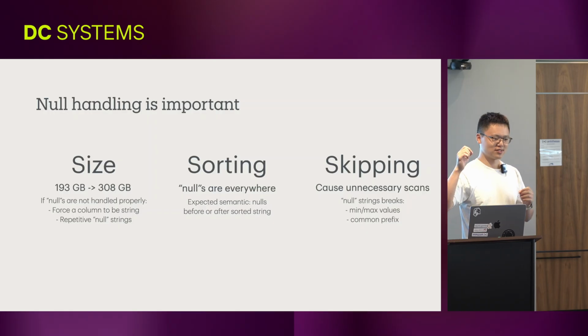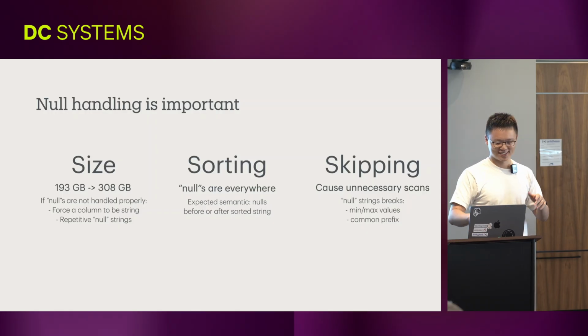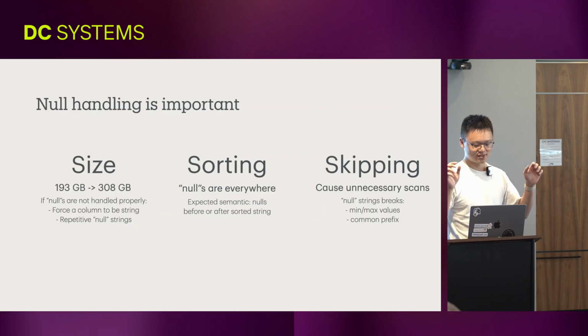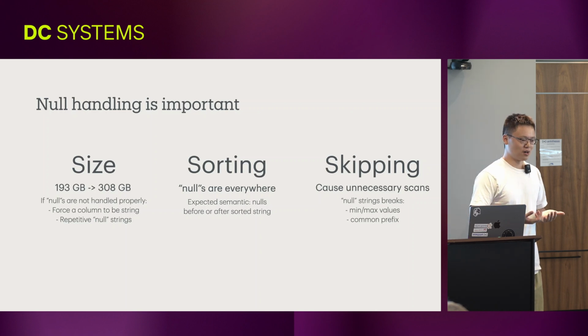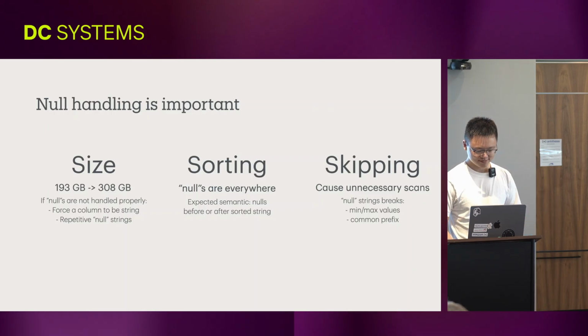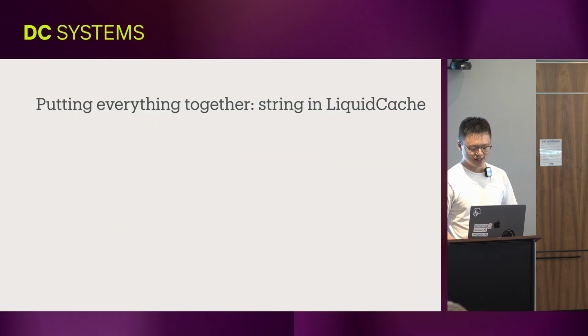But because it's now kind of a mess, especially when empty strings come in, all the min values become empty strings. So it will break the zone mapping and also break the common prefix optimization we mentioned before. So null handling is very important.